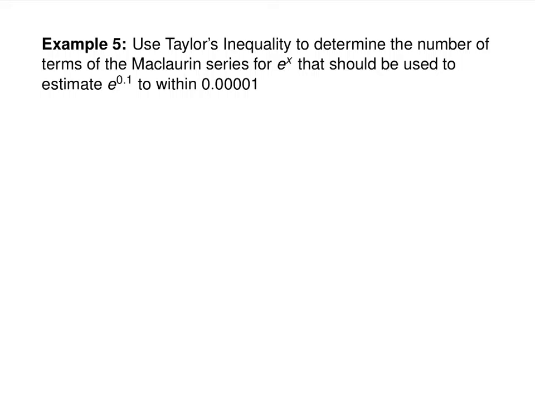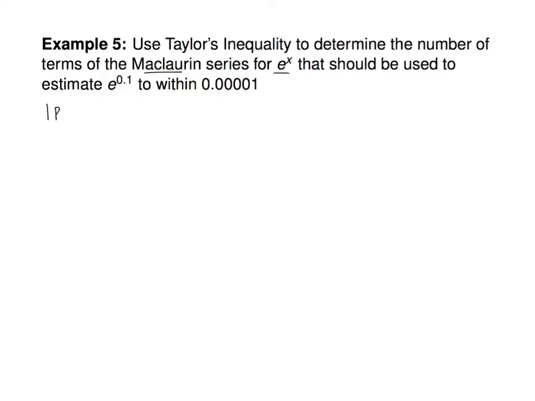Okay, so we want to estimate e to the x, and we're going to use the Maclaurin series, which we actually know, which is kind of nice, right? To estimate e to the 0.1 to within 0.00001.